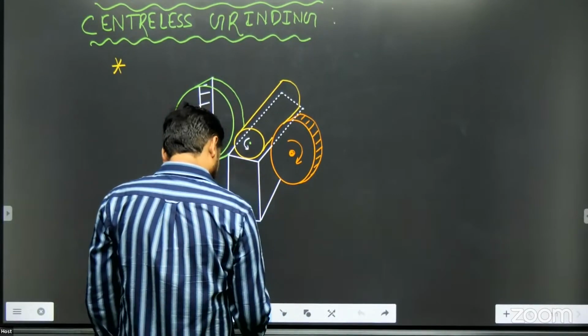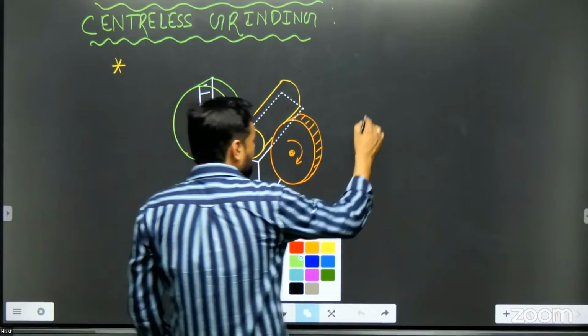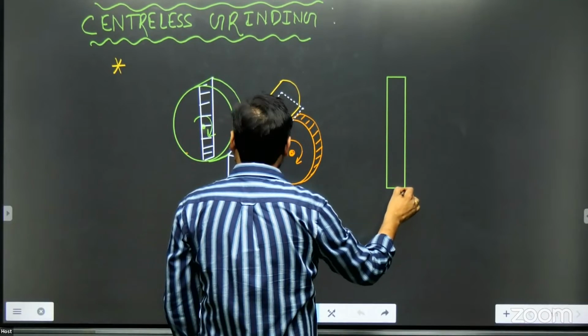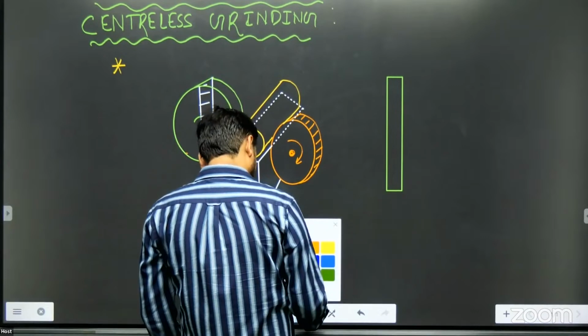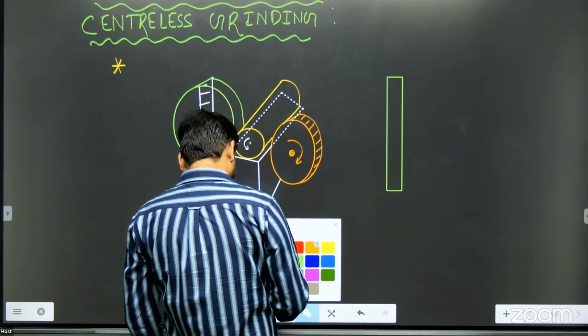This is the grinding wheel, and this over here is the regulating wheel.